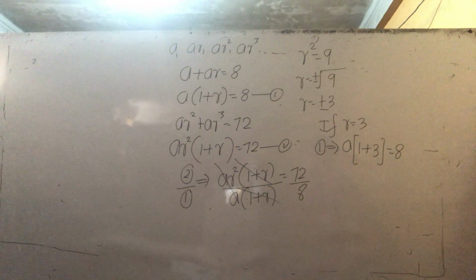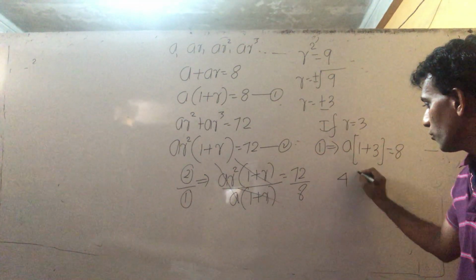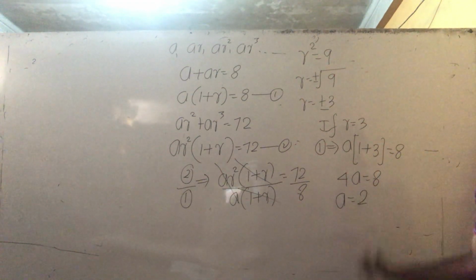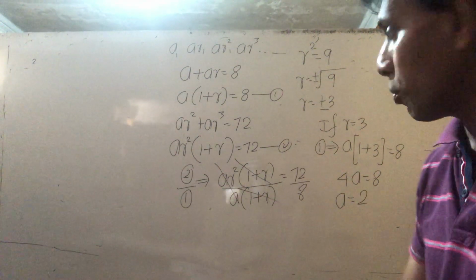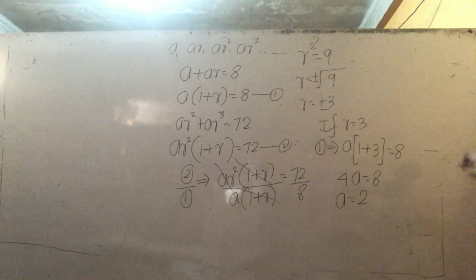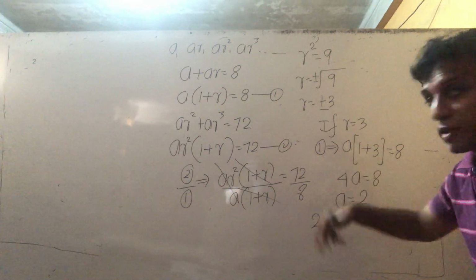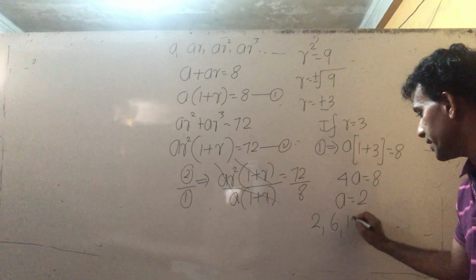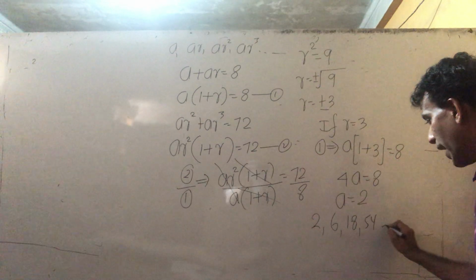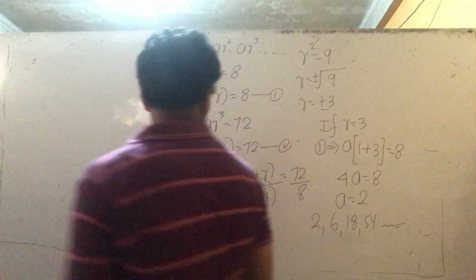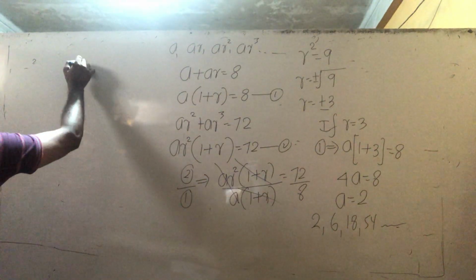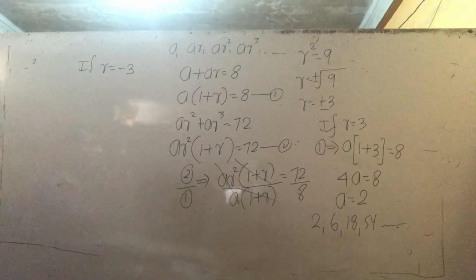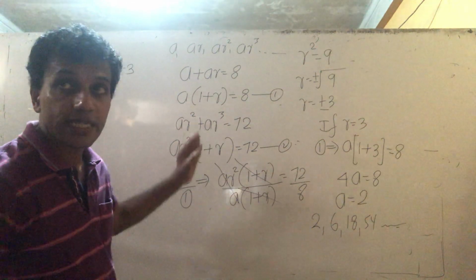So 1 plus 3 is 4. 4a is 8. Therefore a is 2. So once you know the first term and the common ratio, write the series. First term is 2, multiplied by 3 (r is 3), 6, 18, 54 and so on, right? Next, if r is minus 3, find the first term here.